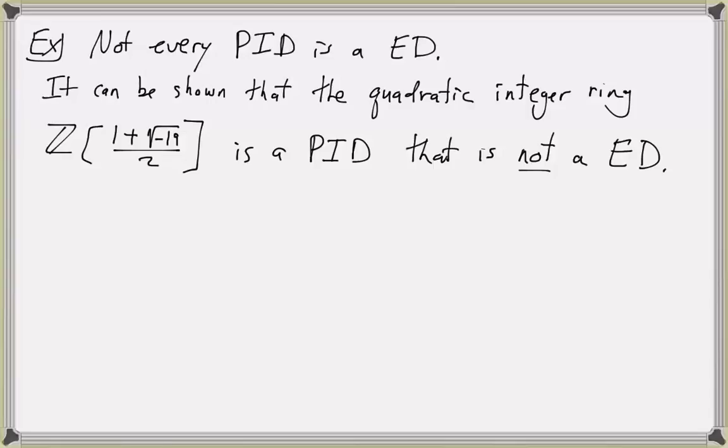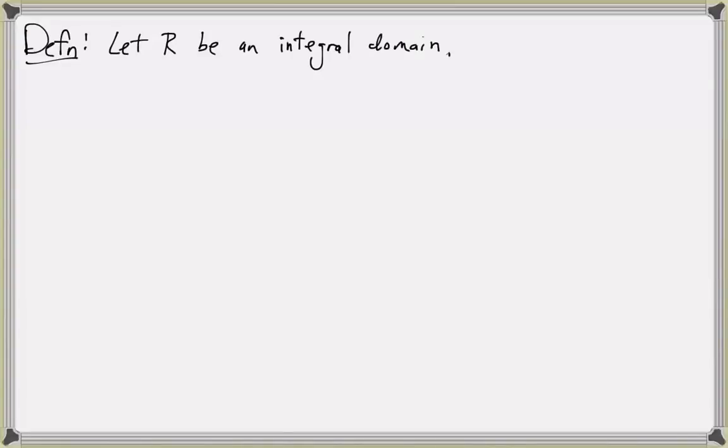So now we're going to develop all the terminology necessary for studying UFDs. Let's begin with some definitions. R is going to be an integral domain. That is, R is a commutative ring with identity and no zero divisors.